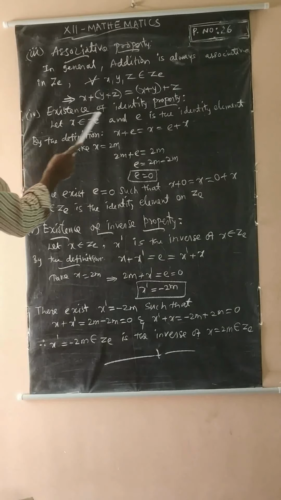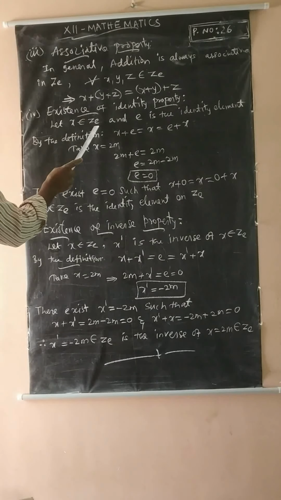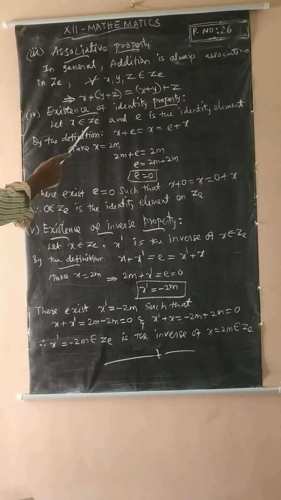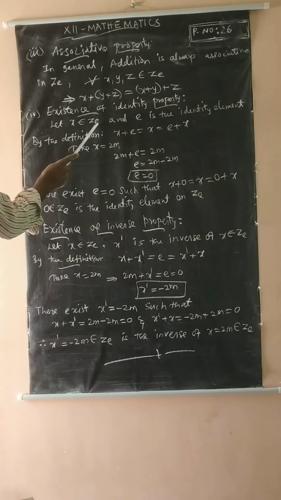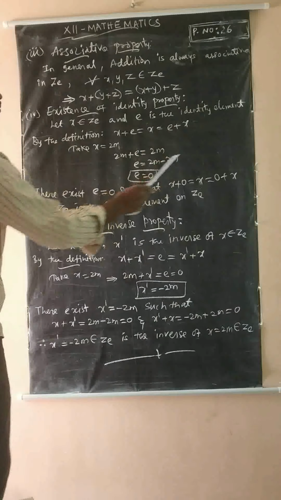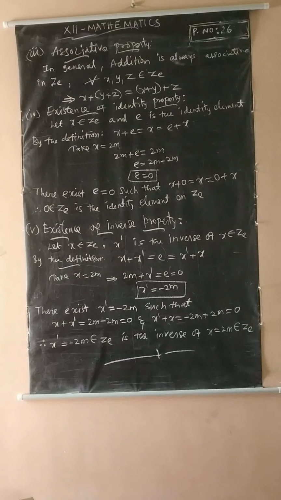Fourth one, existence of identity property. Let x belong to ZE, and e is the identity element. ZE means the set of all even integers, and e means the identity element. Clearly understand, students? Okay, next.